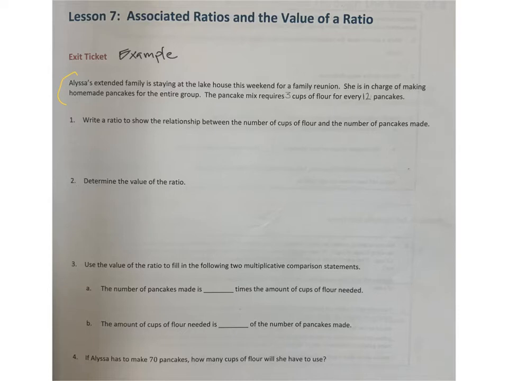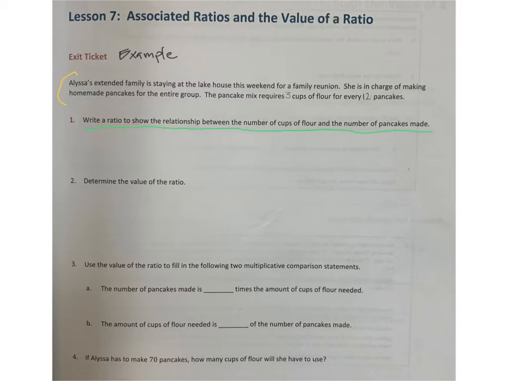So we can see that we actually have some quantities, some amounts, and some descriptions. So we have in the works for us some ratios, and that works out great because they want us to write a ratio to show the relationship between the number of cups of flour and pancakes made.